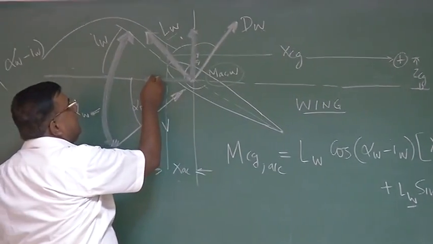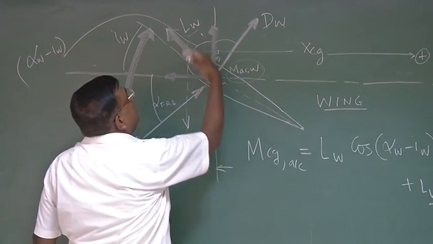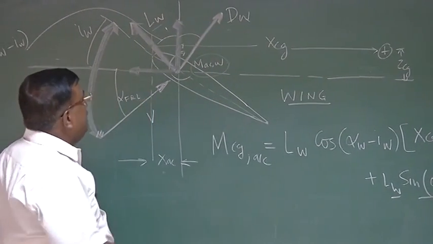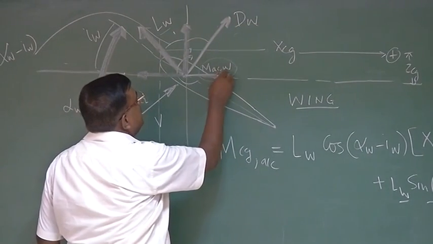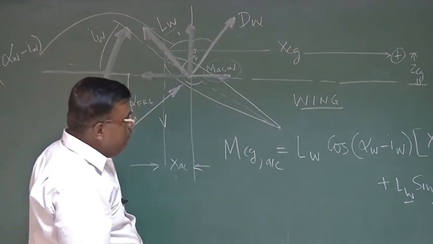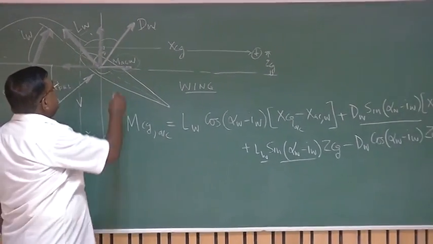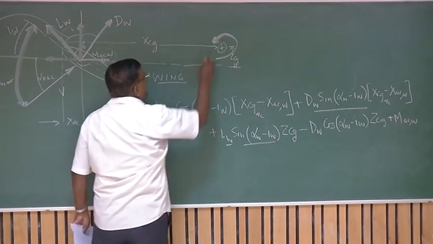So this is acting here, the CG is over the fuselage reference line. So this also will give a nose up moment. So it is here positive. As far as drag is concerned, you could see the horizontal component is in this direction. That is DW cos(alpha W minus iW), but this component will give a moment about CG in the nose down direction.